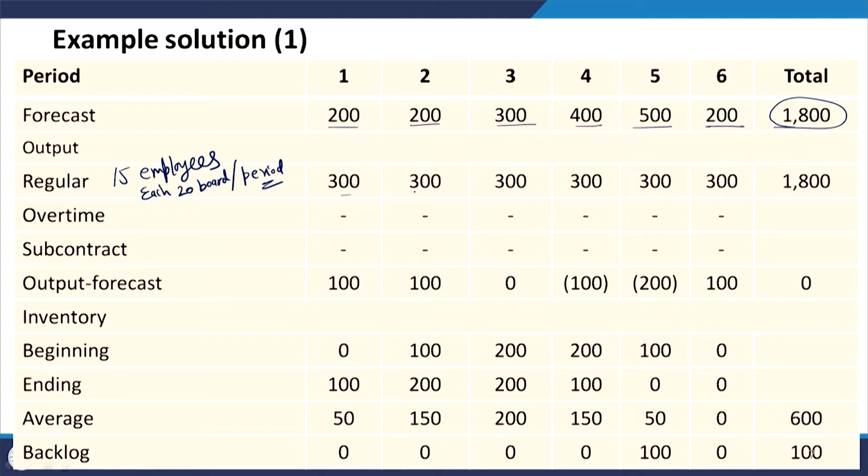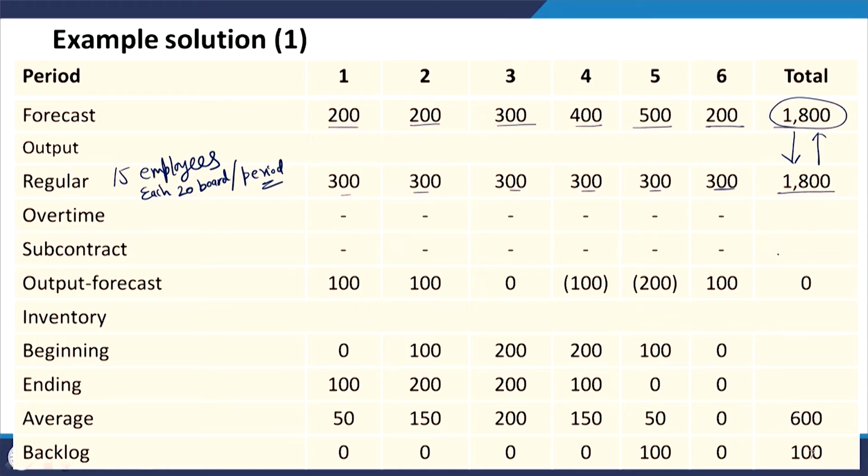Therefore, every period you have 300 units available with you, so that you can understand that the final demand is being fulfilled. And obviously, we are using only the regular time. So, in all the overtime periods we have put a dash, and in all subcontracting cases we have put a dash.